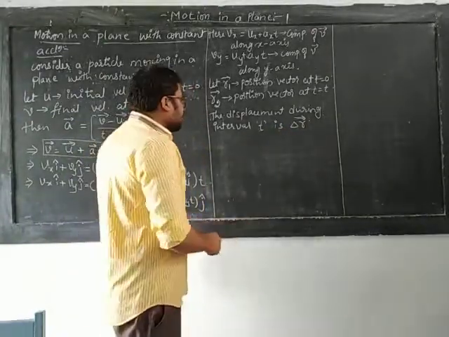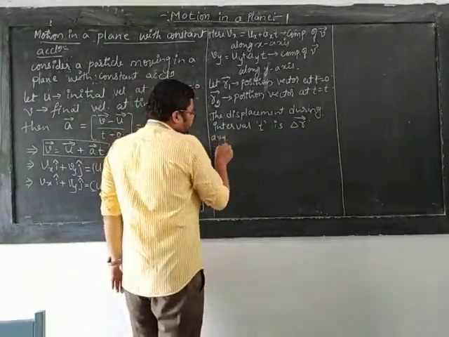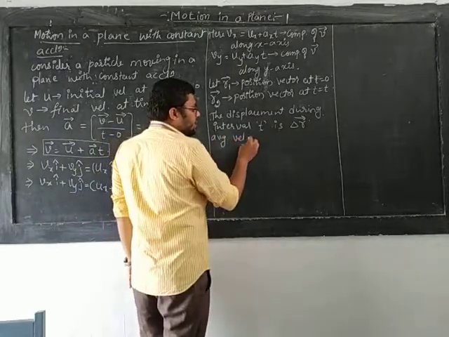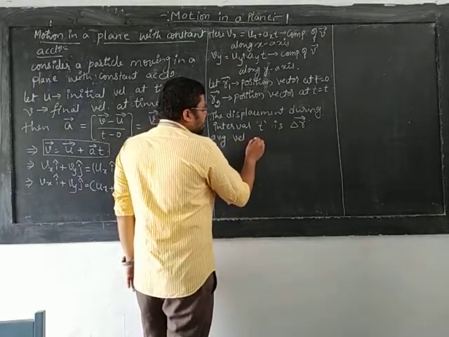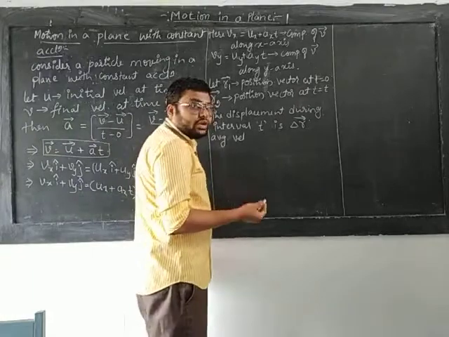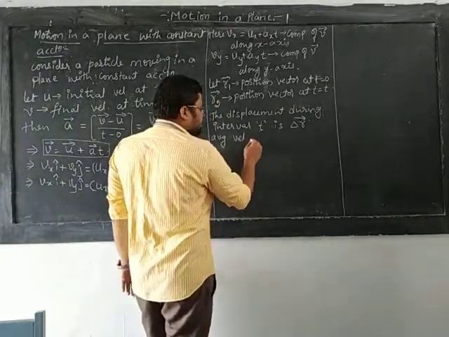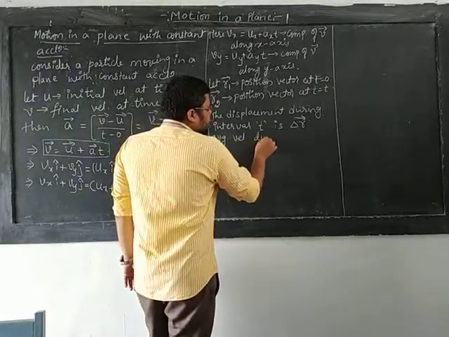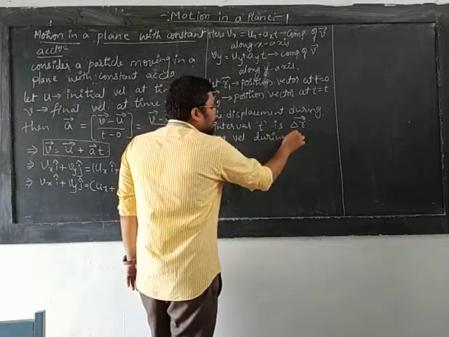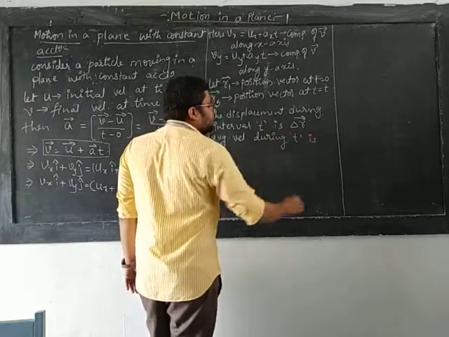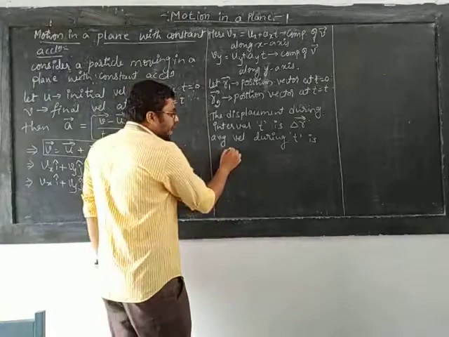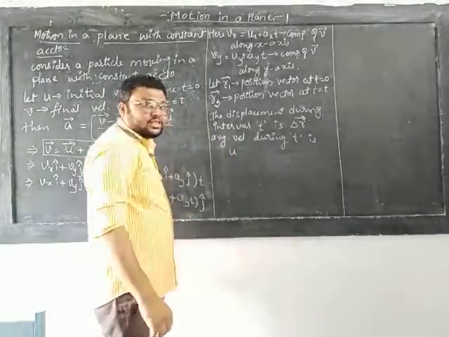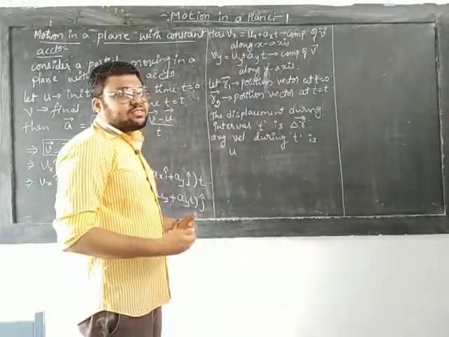Now, the average velocity of a particle during the interval t is given by, we are having two velocities, one is the initial, that is u, and another one is the final, that is v.